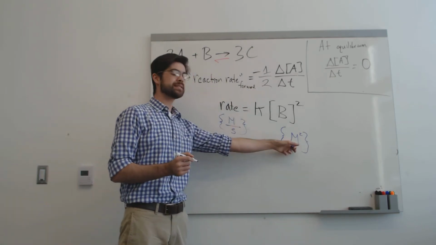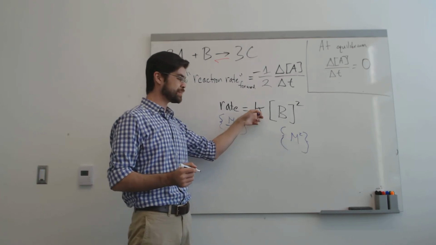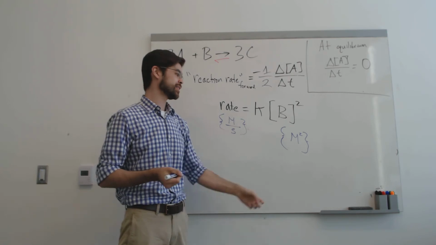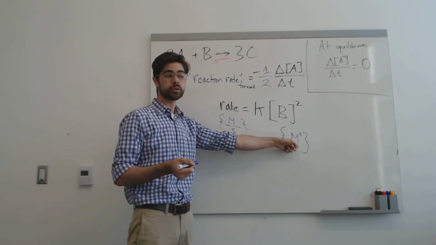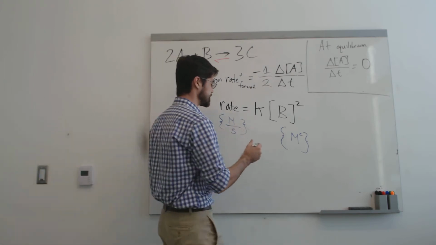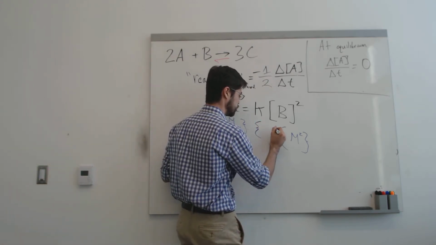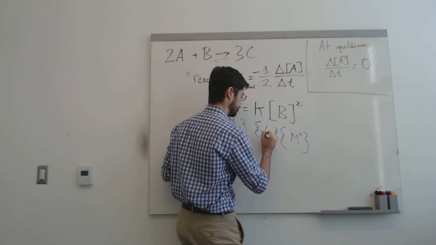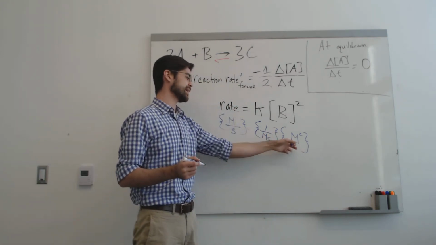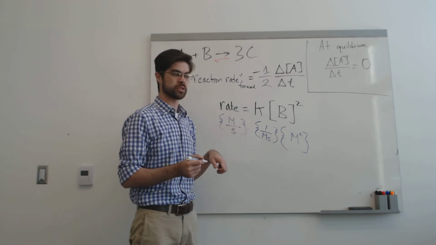If for no other reason than units alone, there needs to be some other mathematical object to get me from units of molar squared to molar per second. So there needs to be something here that has units of 1 over molar second. So when I multiply these two together, I get something that has molar per second.